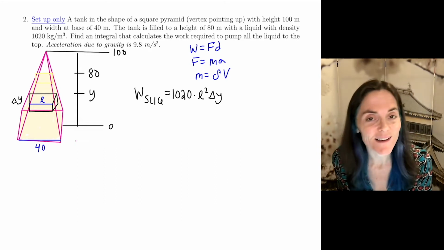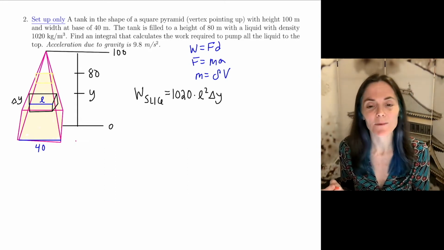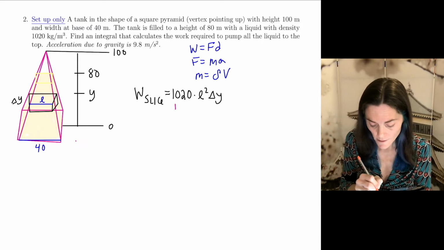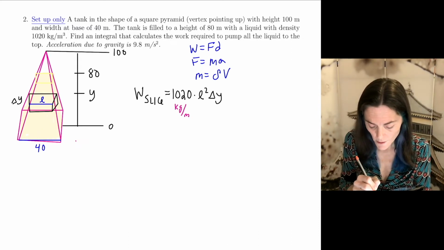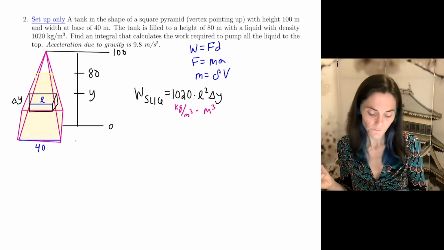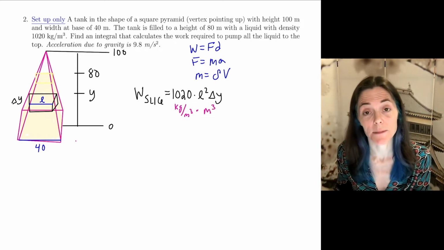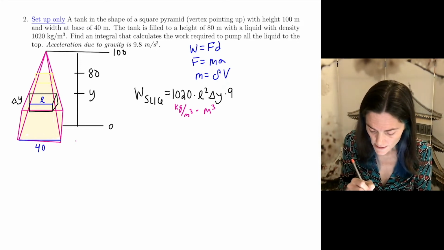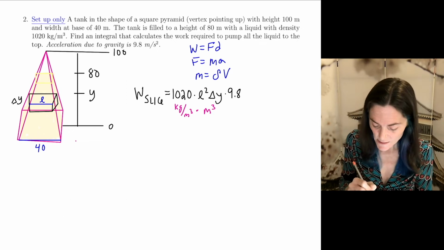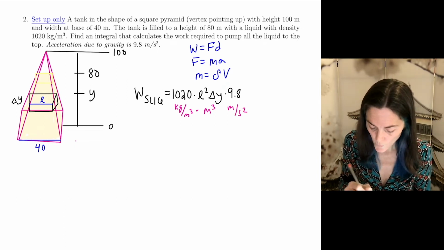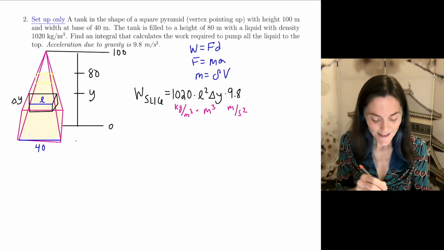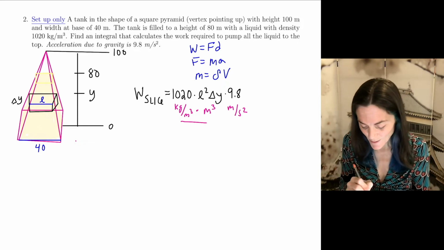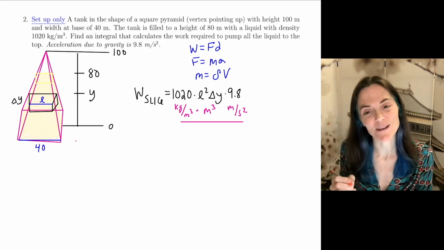Now let's write our units underneath to check, just like we did before. We have kilograms per meter cubed, and this one is meters cubed. So far, we have kilograms. This is a mass. Now multiply by acceleration. This is 9.8. This is meters per second squared. So far, you see this part, we have kilogram meters per second squared.